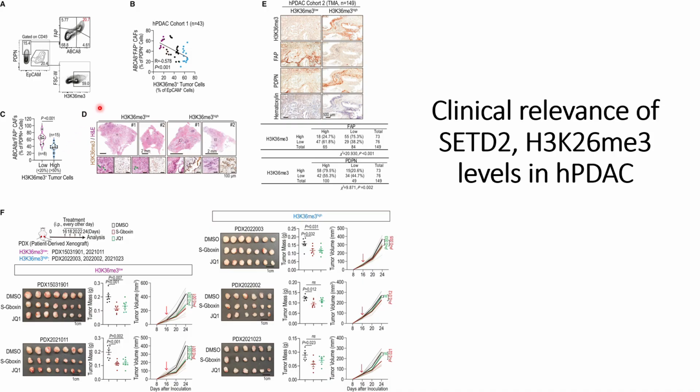And when they did the H&E staining, they got further evidence to support their previous findings: H3K36me3 plus low cells have more adipocyte like cells, that is lipid rich cell signals, and they are less differentiated, whereas H3K36me3 plus high cells are more differentiated and no signals have been found for adipocyte like cells.